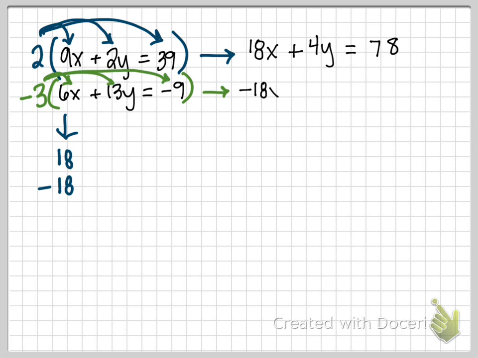So negative 18x minus 39y equals 27. Now I can eliminate, right? Now I have this set up so that I can do my elimination and solve. So I'm going to give you a second to do this. See if you can solve this one now that we have it set up to eliminate.